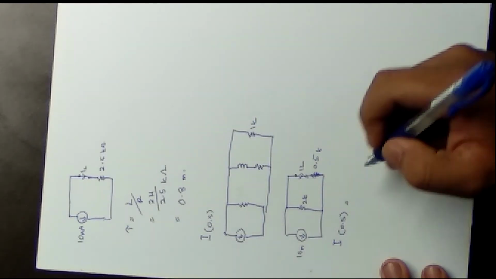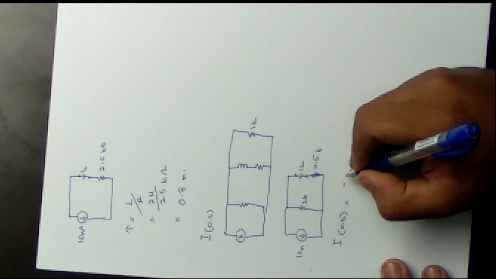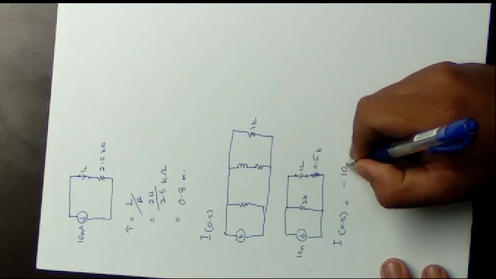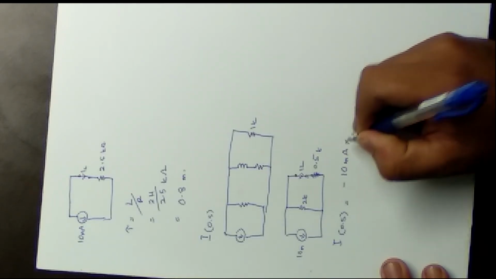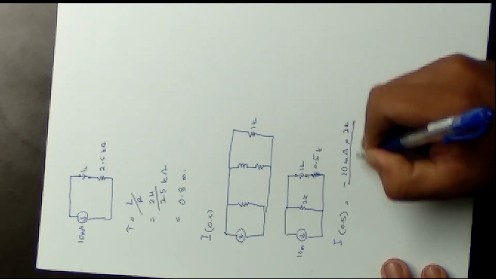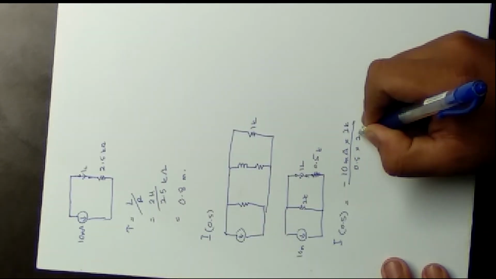It's equal to negative 10 milliampere times 2k over 0.5 times 2k.